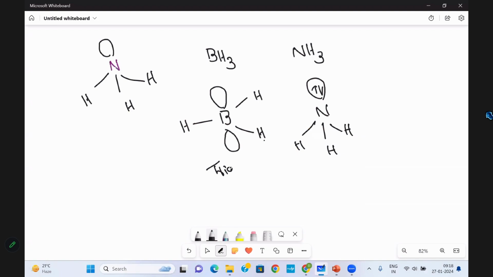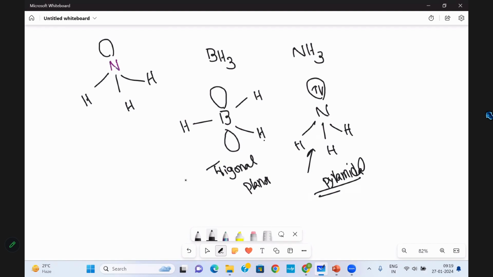Trigonal planar. But ammonia is pyramidal. Why is it pyramidal, but BH3 trigonal planar? Can someone justify this statement?